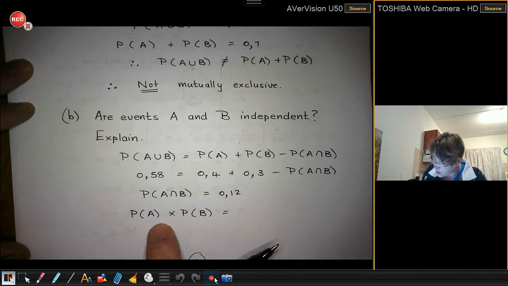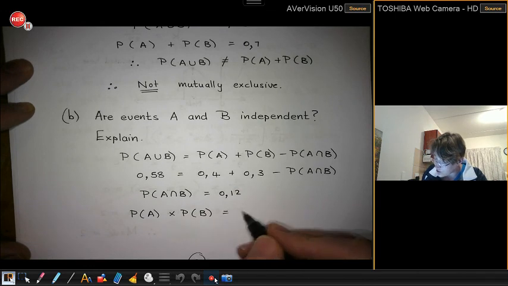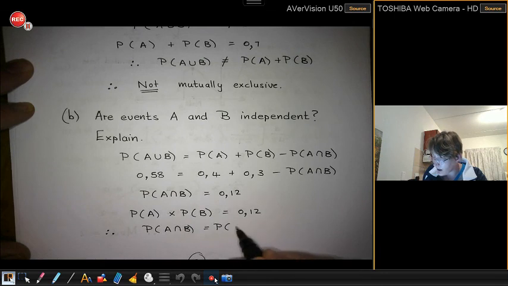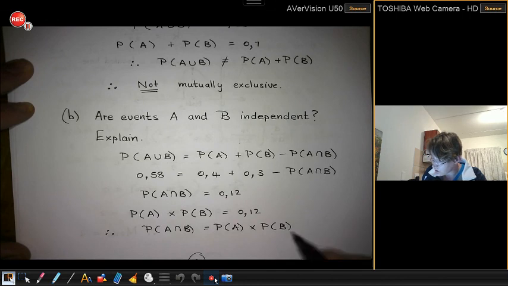So that's going to be 0,4 times 0,3, which is 0,12. So therefore, I can now make the statement that the probability of A and B is equal to the probability of A times the probability of B, because I've proven this, so I can make this statement. So, yes, they are independent.